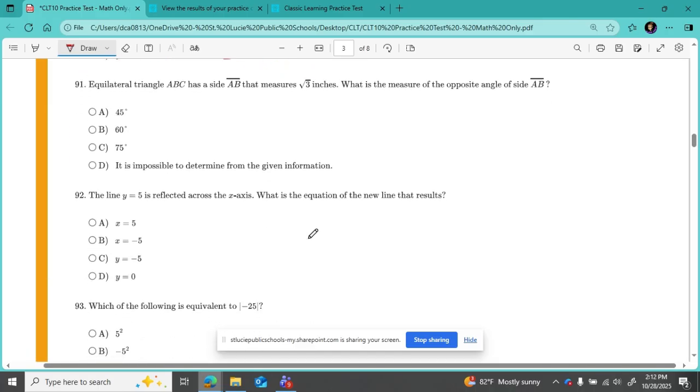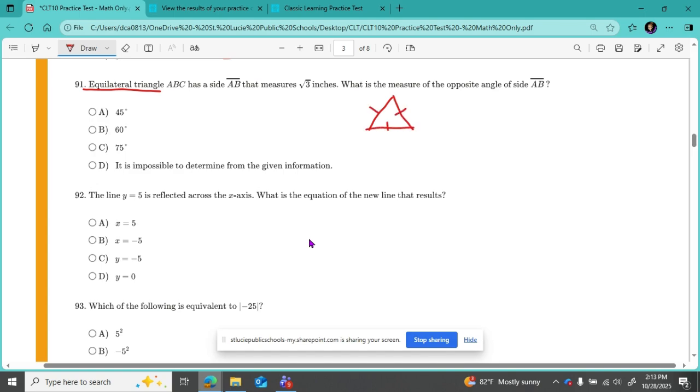Number 91, equilateral triangle ABC has side AB that measures square root of 3 inches. What is the measure of the opposite angle of side AB? So if we have an equilateral triangle, that means all 3 sides are the same.